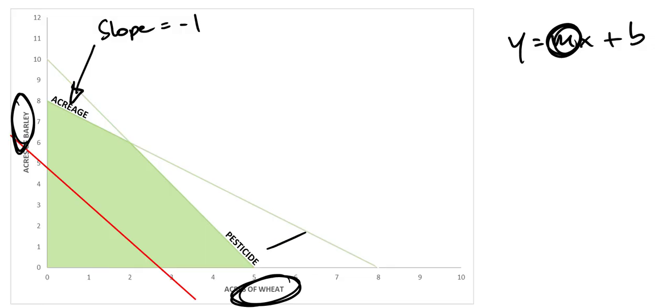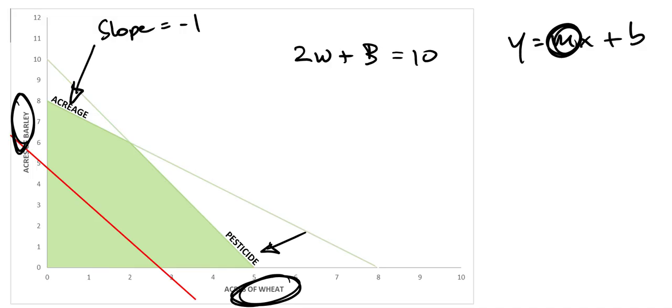Similarly, with pesticide, we are now going to find the slope of our pesticide constraint. Well, initially, pesticide was written as 2w plus b is less than or equal to 10. Again, disregarding the inequality, just setting that to equals, and once again wanting to get it into the form of y equals mx plus b.